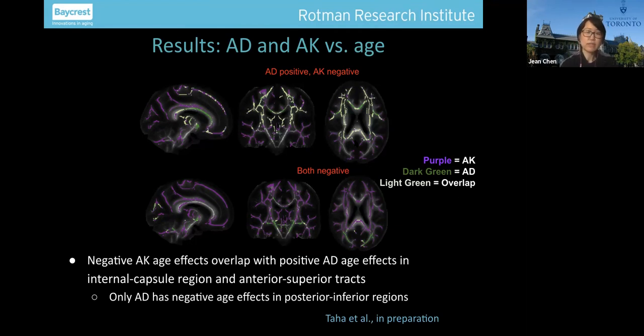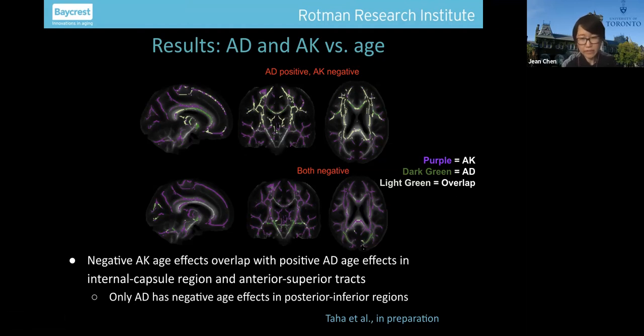So just to try to help you read these, what these are showing can be summarized by these 2 points. First, the negative axial kurtosis age effects overlap with positive axial diffusivity age effects in the internal capsule region and the anterior superior tracts. So this is the yellow you see here, quite a large region.